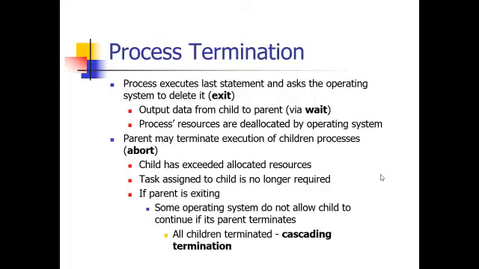So when a particular child is not terminated, then the parent has to wait until that particular child completes its task. Sometimes a child and parent can terminate together. So if the resources are allocated separately, and if there are no updates happening to the parent process, the child and the parent can terminate at the same time.